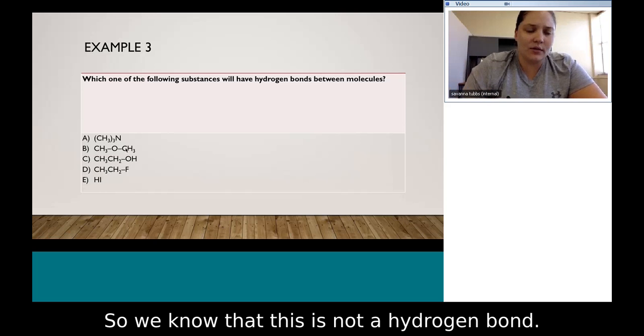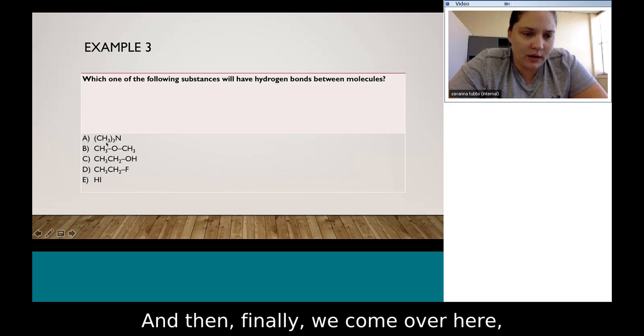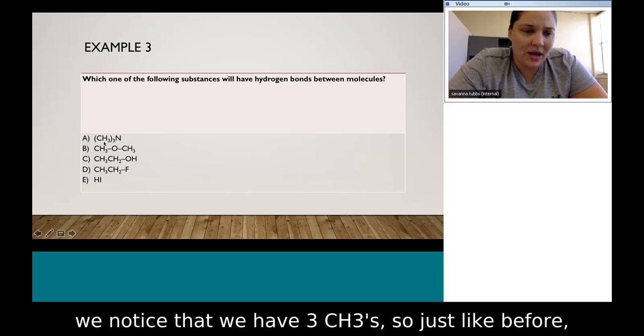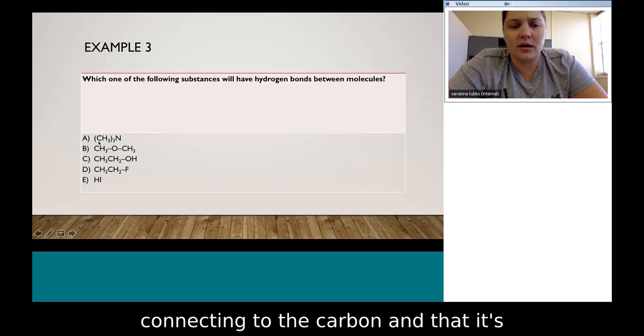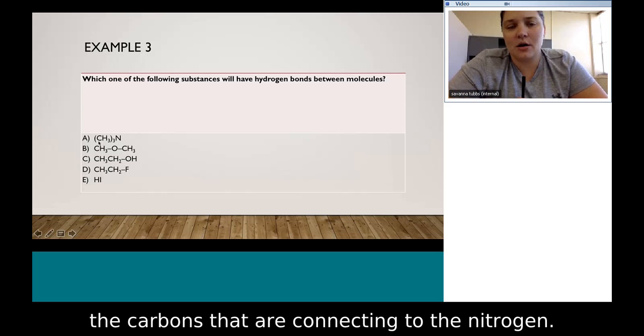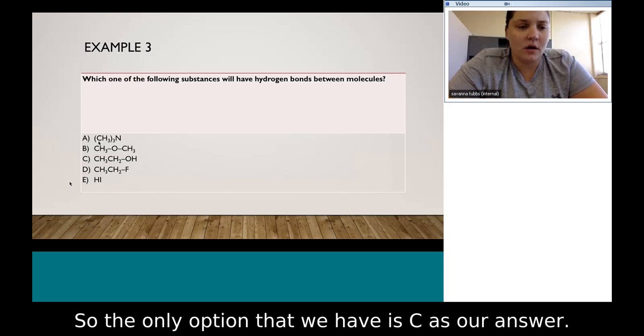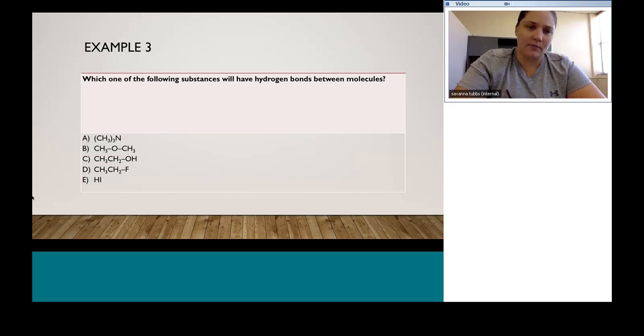So we know that this is not a hydrogen bond. And then finally, we come over here. We notice that we have 3 CH3s. Just like before, the hydrogens are connecting to the carbon, and it's the carbons that are connecting to the nitrogen. So the only option that we have is C as our answer.